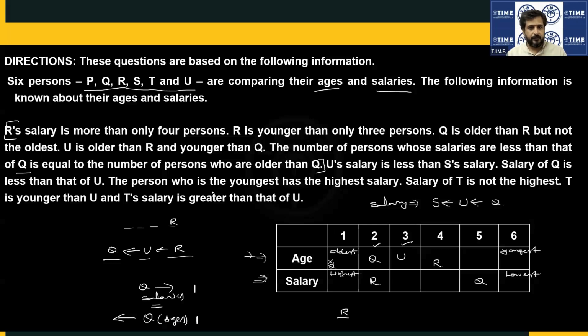Next, the person who is the youngest has the highest salary. Now, whoever comes here, let's say alpha, will be the one earning the highest salary.